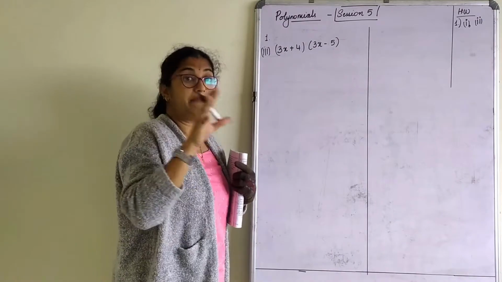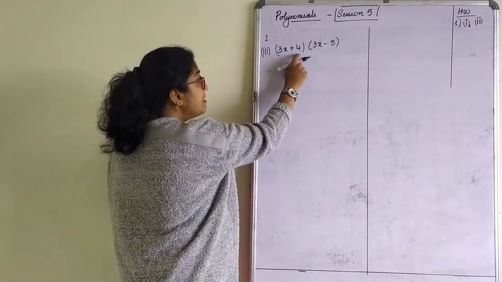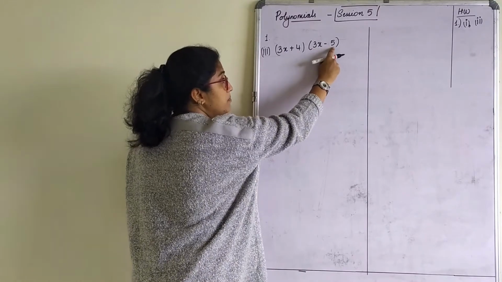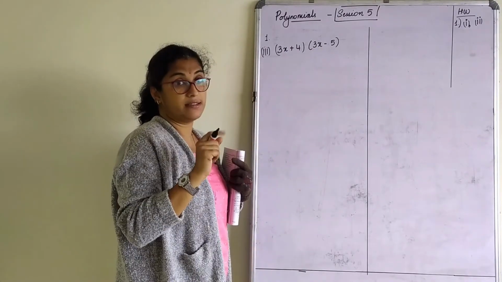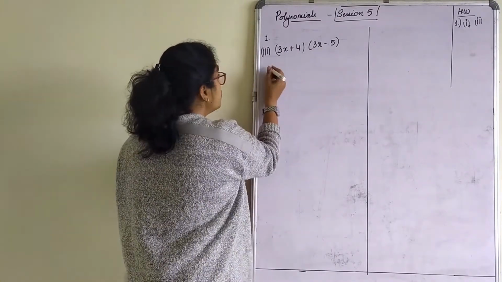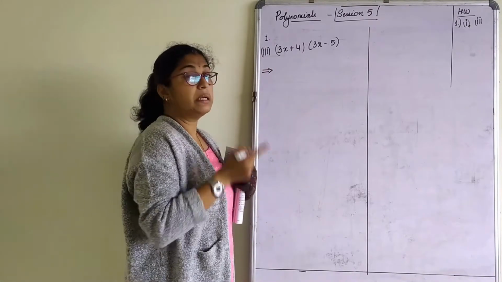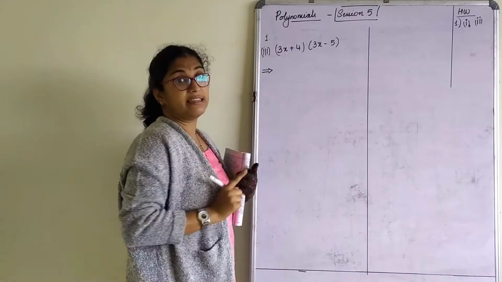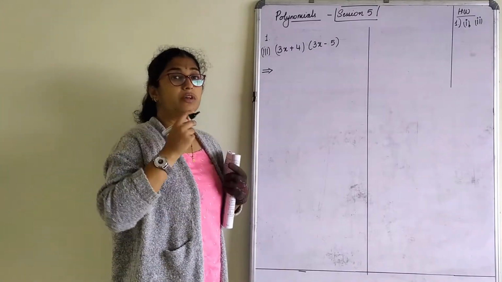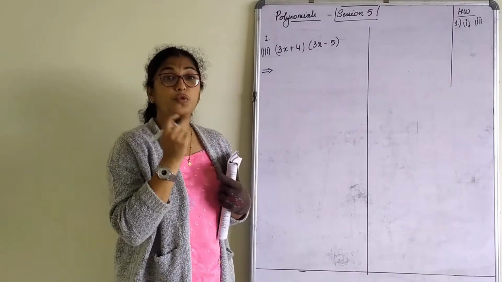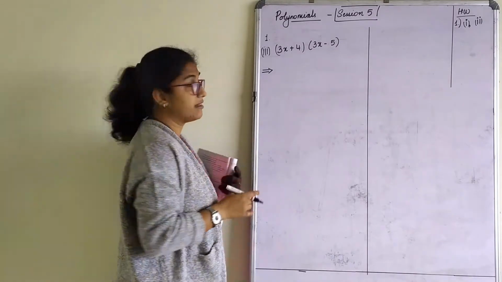The formula will remain the same. This is of the form (x plus a)(x plus b), but b is minus. The formula is the same. So first of all, once you identify the identity, please write which identity it belongs to. Even if you do the sum wrong, if your identity is correct, there are chances of you at least scoring half a mark there.